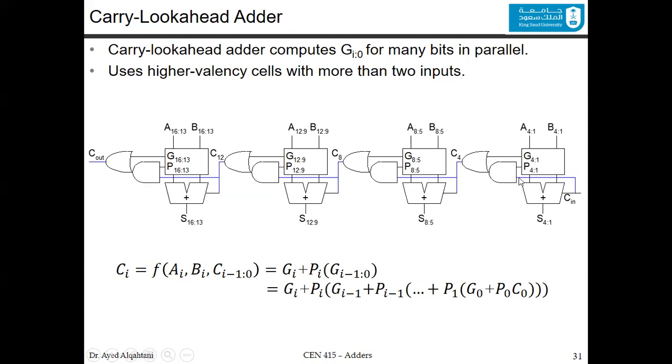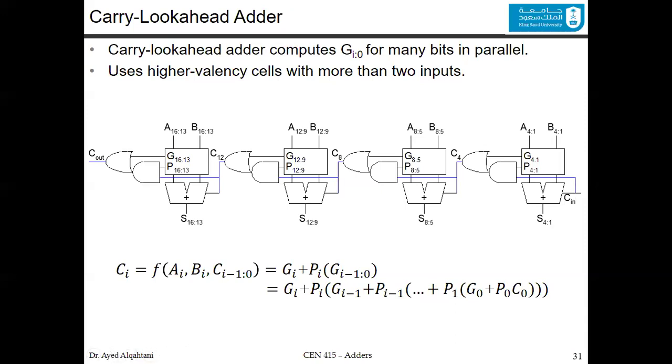But we connect the groups together by a carry ripple addition, represented by the AND OR, AND OR, AND OR, and then AND OR. So that's the idea of this type of adder. We can use AND OR. We can also use the Manchester chain that is explained in your book.